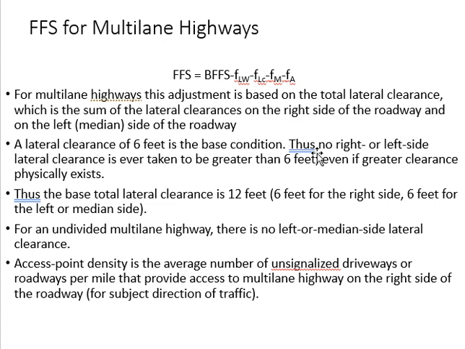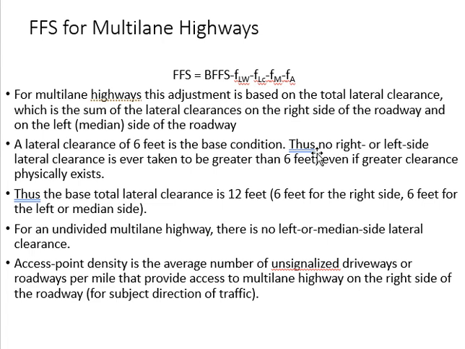Undivided highway is affecting this equation in FLC and then in FM, both. Okay? So we don't want to have this. So what do we do? We take median type and divide it. Fine, no problem. But we will remove the effect of median from FLC.